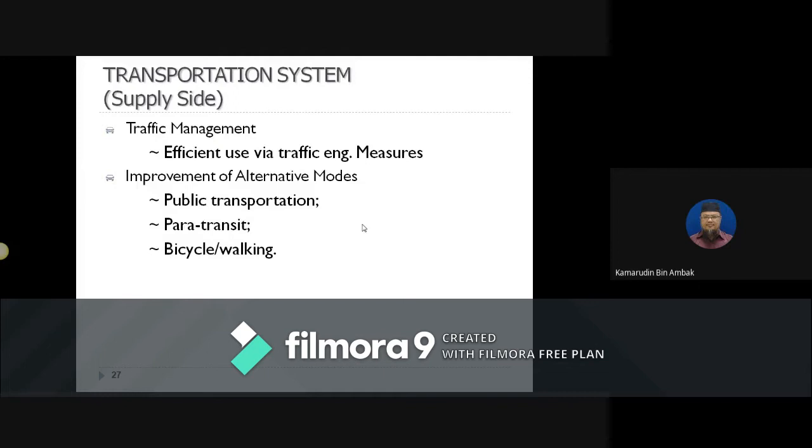Okay, improvement of alternative modes of transport. Here we are looking at three different road users or modes of transport. The first is public transportation, paratransit, and bicycle and walking, especially for non-motorized users.